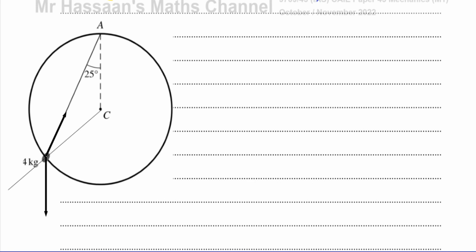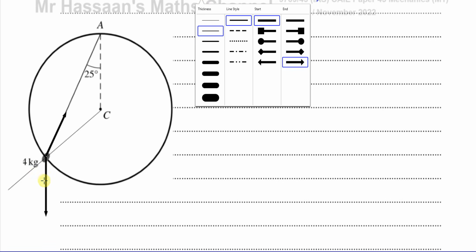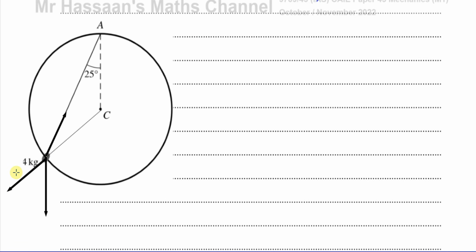Okay, so it's along this line here, so the force will act in this direction. Okay, something like this. So this is the tension, this is the weight, which is 4G, and this is the reaction force. So we've got to find T and R.